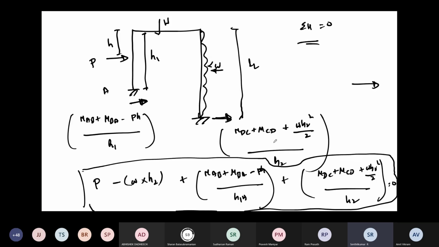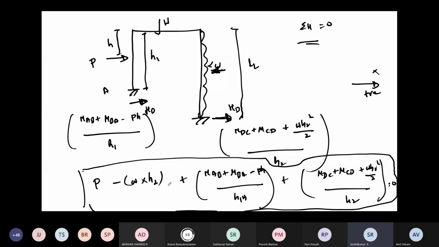Okay. So what we have done, we have found the HA, we have found the HD. These are the directions, and P also we found. P is an external load, and W also an external load. So we have to make now sigma h equal to 0. I'm just taking this x-axis. This direction is positive, so right side movement is positive. So P positive, this is acting in this direction.